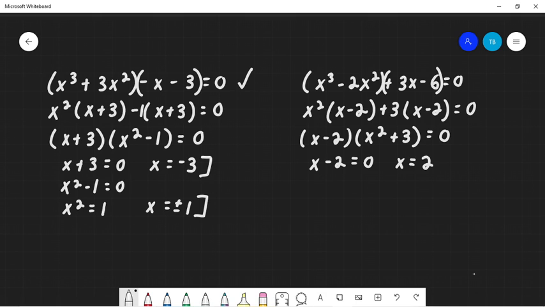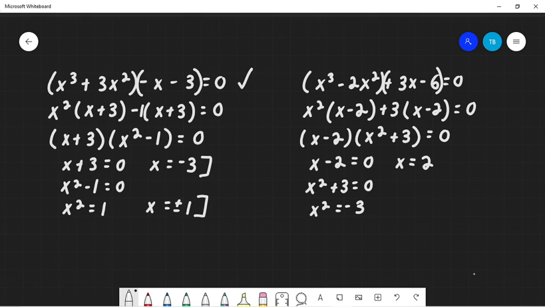Then we'll do the same thing with the second expression, x squared plus 3 equals 0. We subtract 3 on both sides, we'll have x squared equals negative 3. Now it looks like we're going to have to stop here because we can't take the square root of both sides of this equation because negative 3 is negative, and we can't take the square root of a negative.